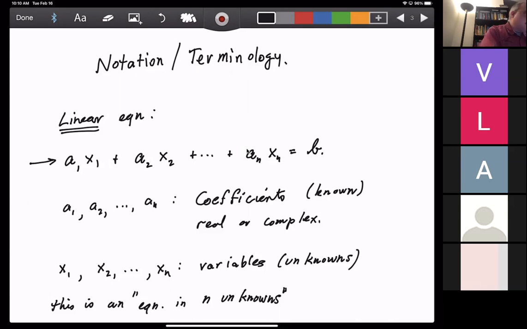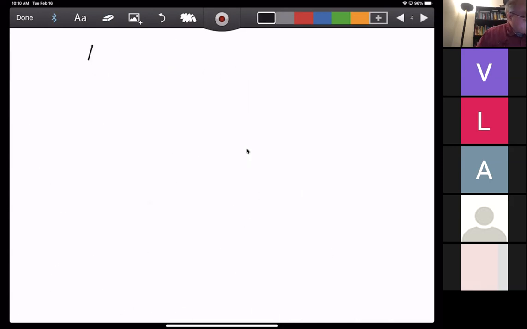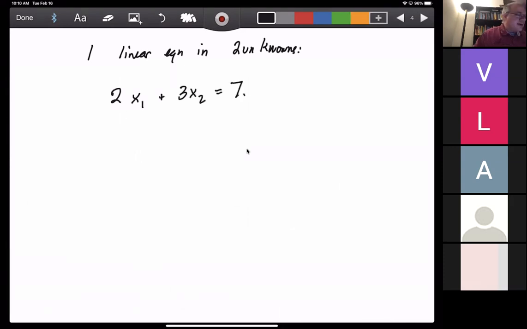Okay, so one linear equation in two unknowns could be something like 2x1 plus 3x2 equals 7. And we could have two linear equations and three unknowns.